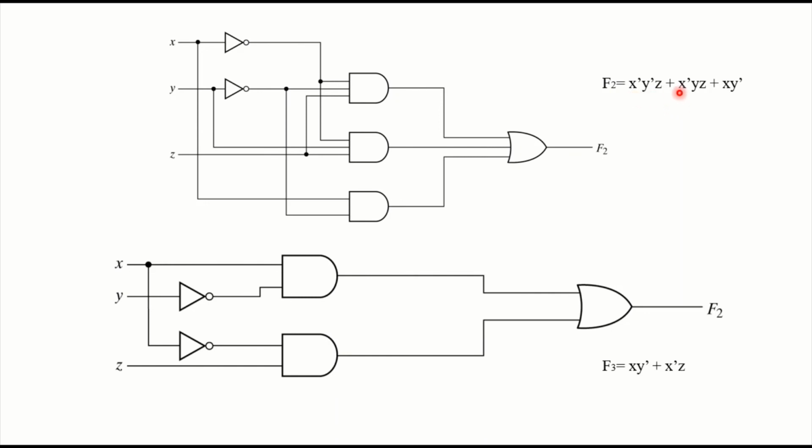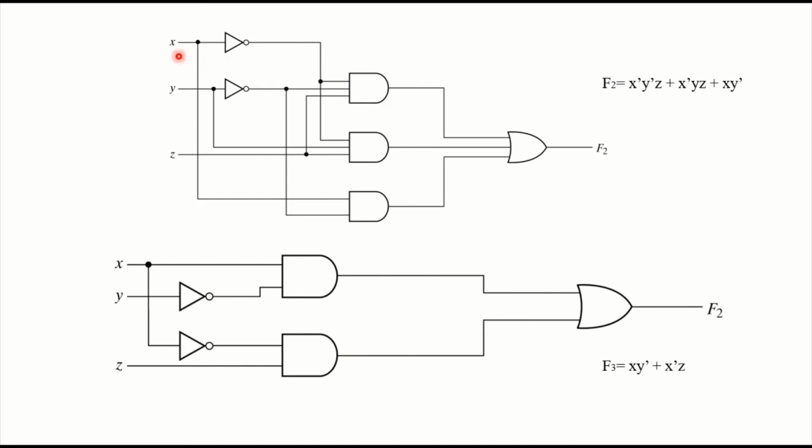This term can be represented by a three input AND gate. This term can be represented by a three input AND gate. This term can be represented by a two input AND gate. The X bar is NOT of X, y bar is NOT of y. How can we draw this function?